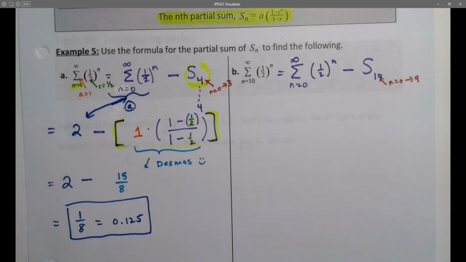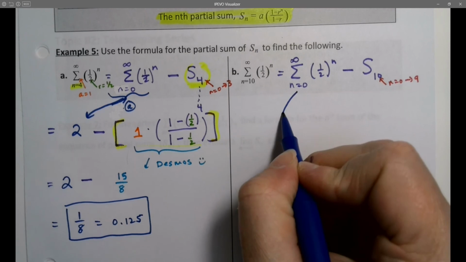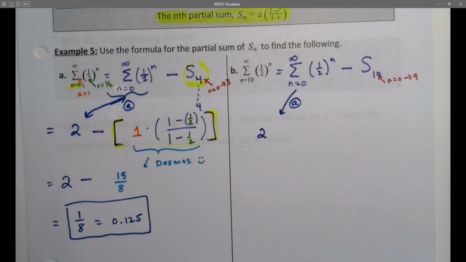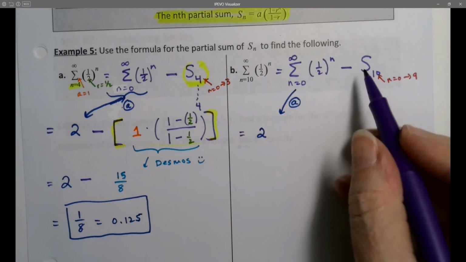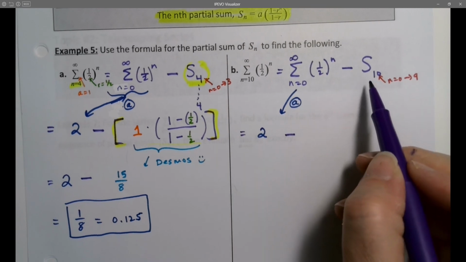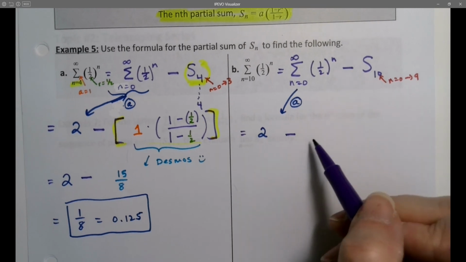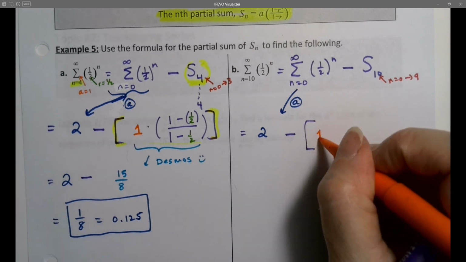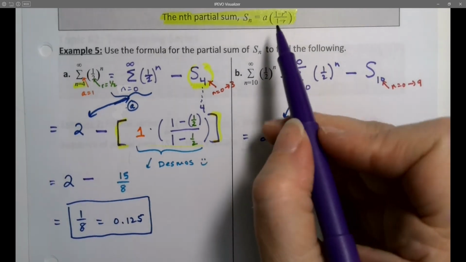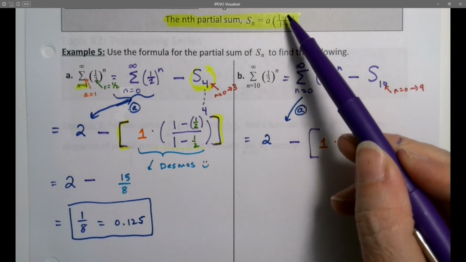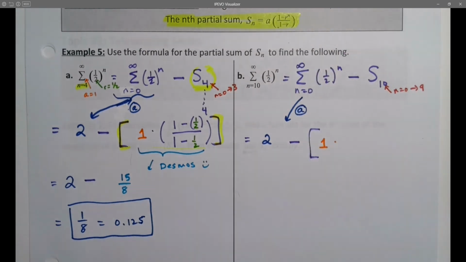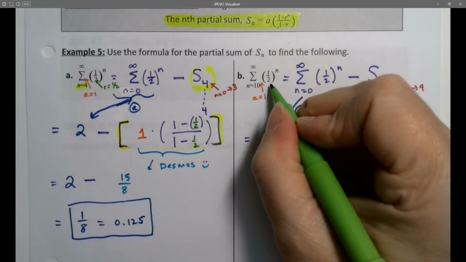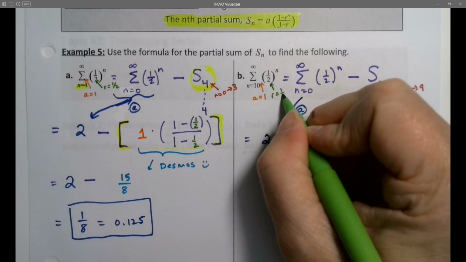All right, so this, again, we still know that that is, by part A, we already proved it, it's 2. Minus, and I don't want to write all these out. There's like a whole bunch of them. I couldn't fit them on a paper. But what I could fit is the formula. It's 1 times, so A was 1 minus R. Real quick, just a reminder, A is 1, R is 1/2 for this whole page.